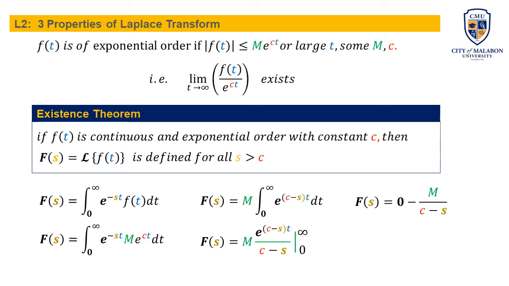It becomes 0. Then when we substitute 0 for t, of course the exponential just becomes 1. So that will be negative m over c minus s. Let's simplify further, emphasizing that s must be greater than c. Our Laplace transform will now become m over s minus c.